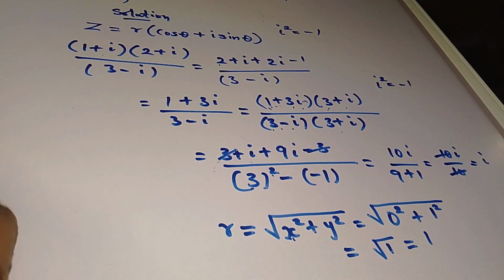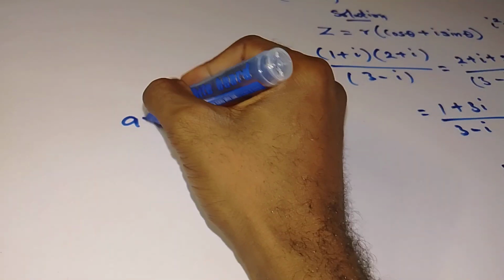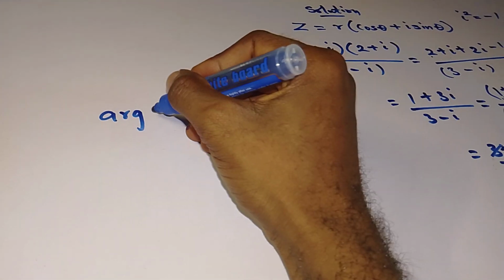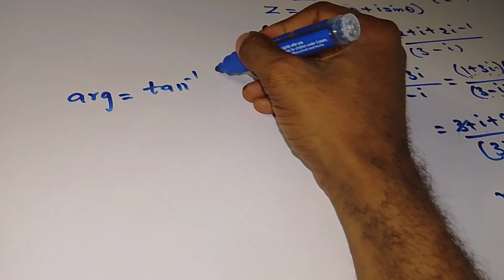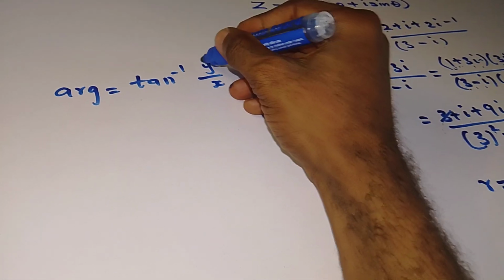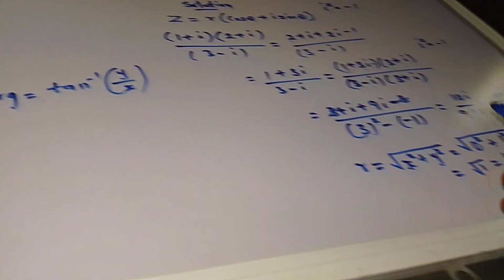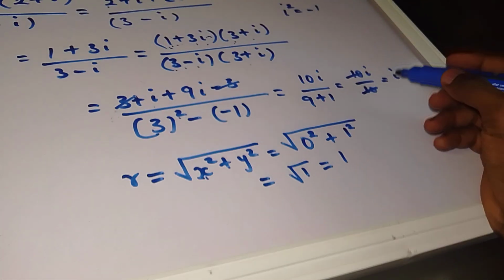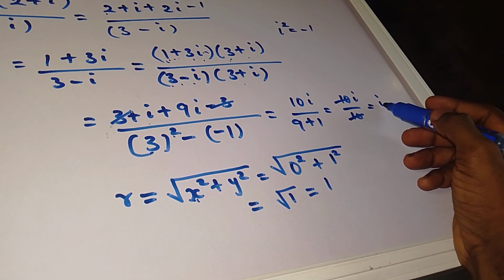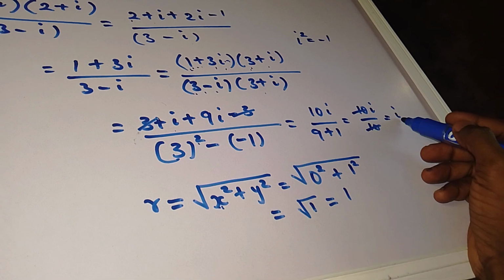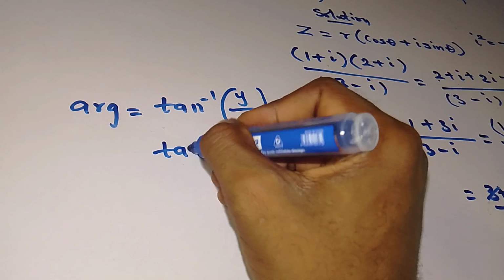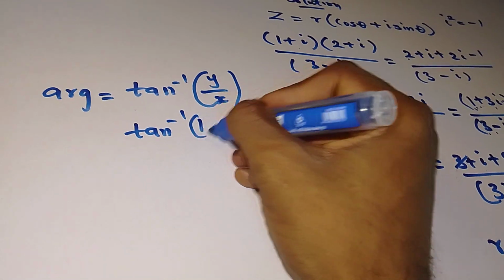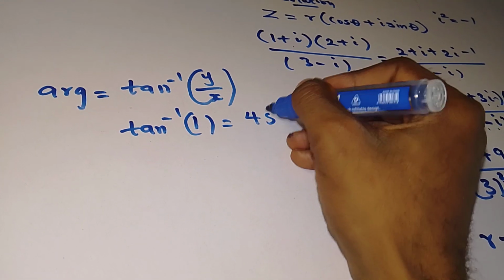Now let's find the argument, which is given as tan inverse of y over x. In this case, we do not have any real part of the complex number. If you press your calculator, tan inverse of 1 is equal to 45 degrees.